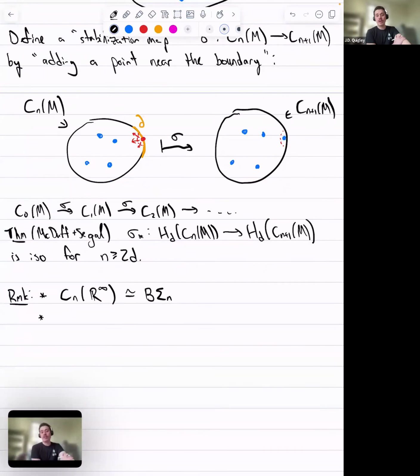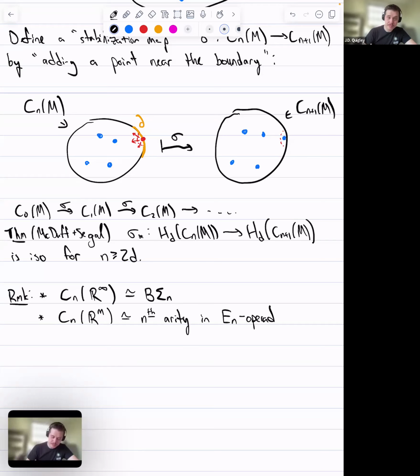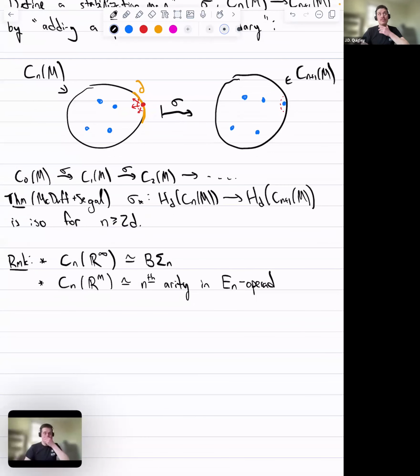One other remark that relates this to homotopy theory is that if I instead look at configurations of endpoints inside of, say, an m-dimensional Euclidean space, then this is a model for the nth arity in an E_n operad. Okay. I think I'm off by something. Maybe it's a quotient of the nth arity, maybe mod sigma n.